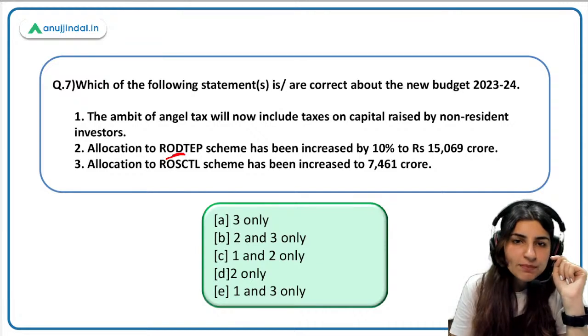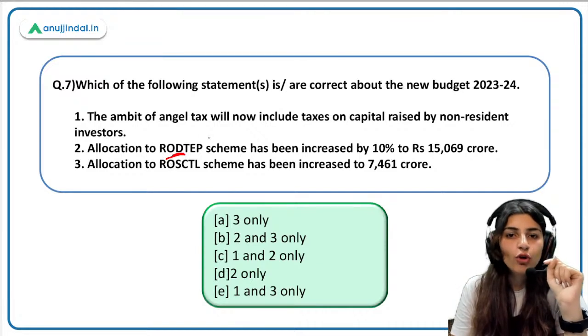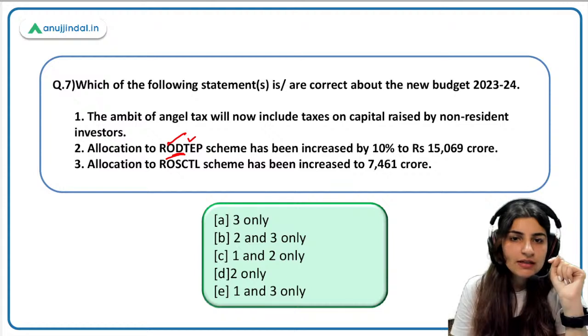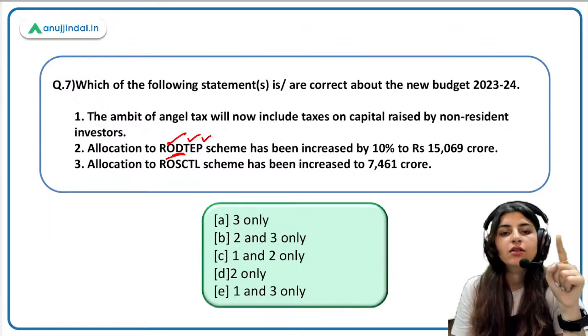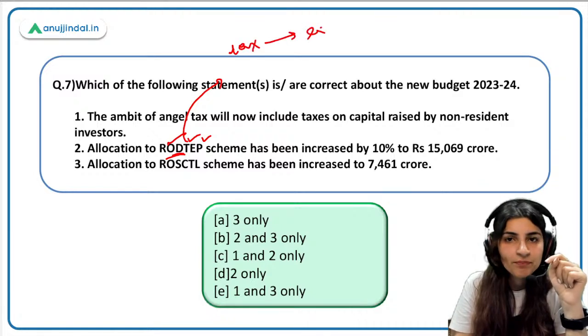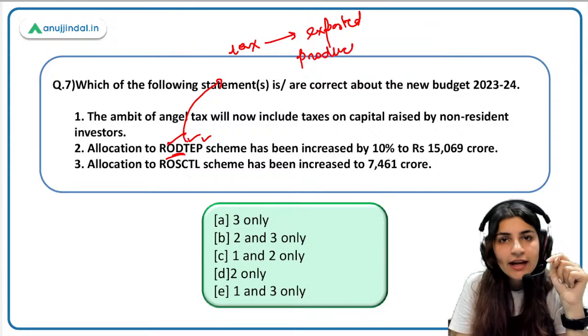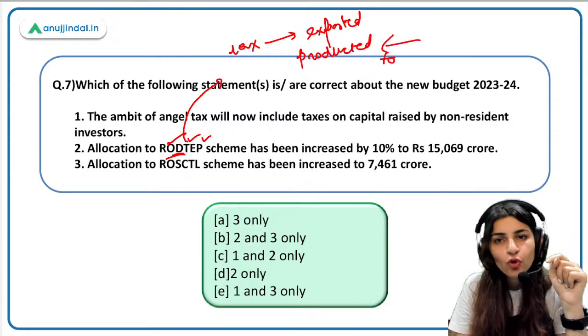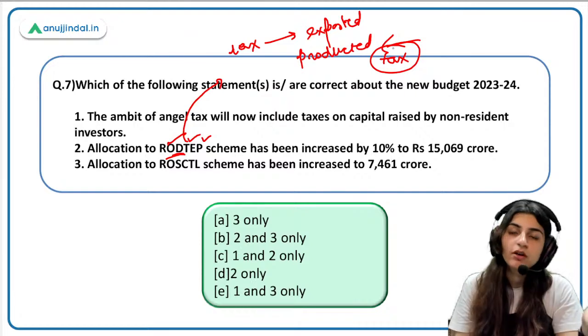Allocation to RoDTEP scheme, remission of duties and taxes on exported products. So the government wants that taxes should not be exported. Taxes should not be exported. So for all the products that are exported, the taxes on those should be remitted back to the exporter. There should be remission.